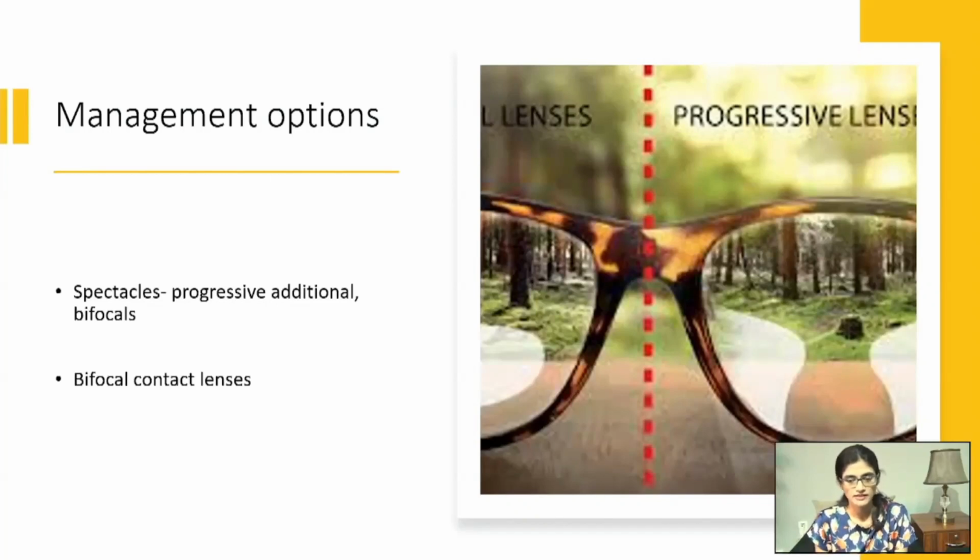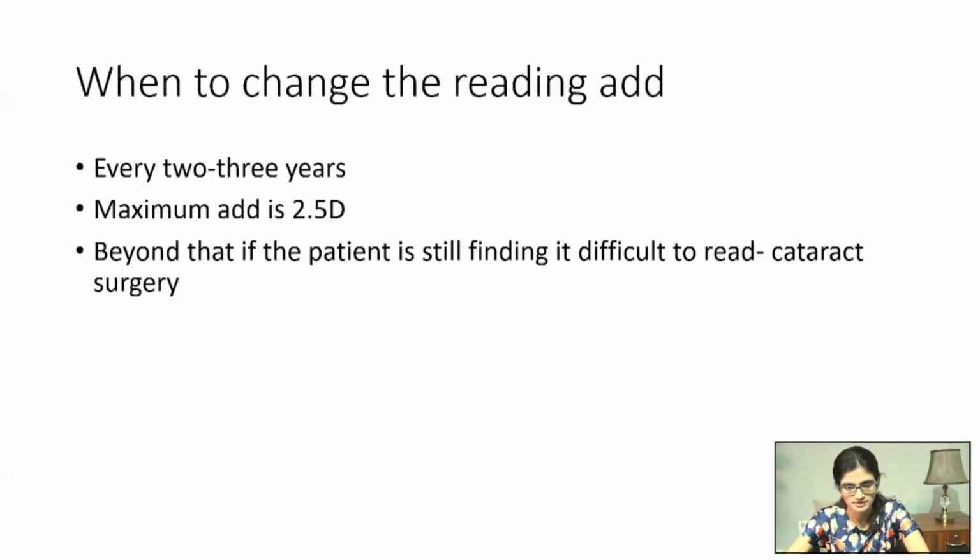Progressive addition lenses have a lot of image distortion in the periphery, so you have to warn them that the images will be distorted immediately when they start wearing, but after a while they get used to it. There are bifocal contact lenses also available, but they may not be very good, at least the ones that are available to us.